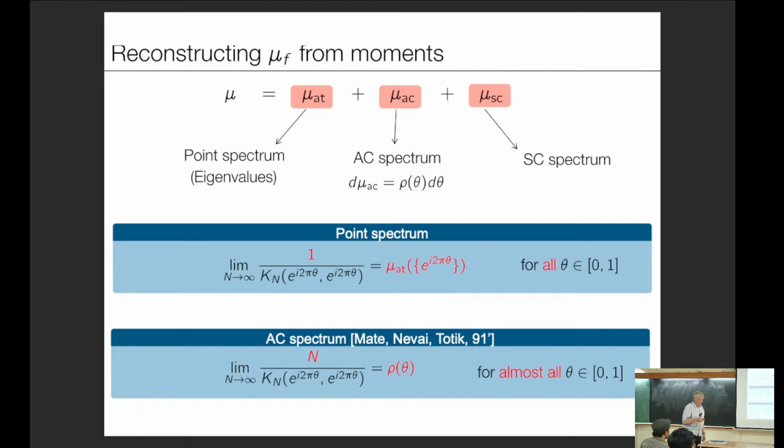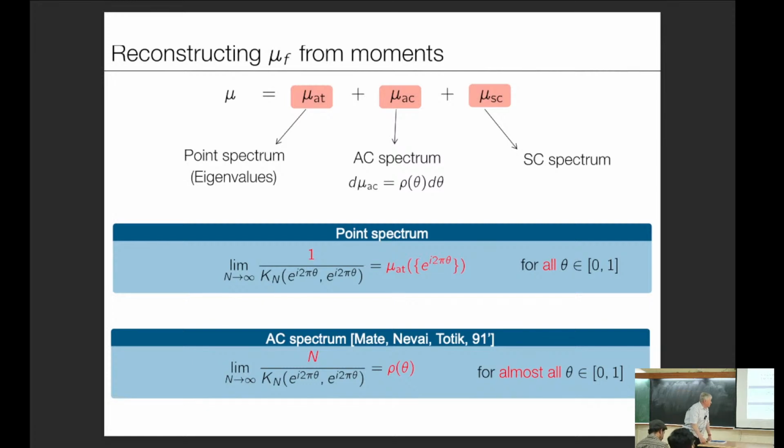As we saw, and this is rather elementary to prove, the pointwise limit of the Christoffel function, that means this inverse of the kernel, gives us the point masses. So already this is good news. We can see exactly where the point masses are located for the unitary operator.